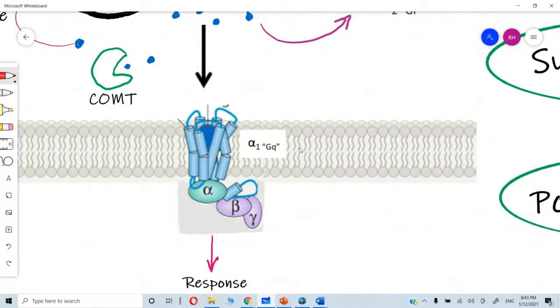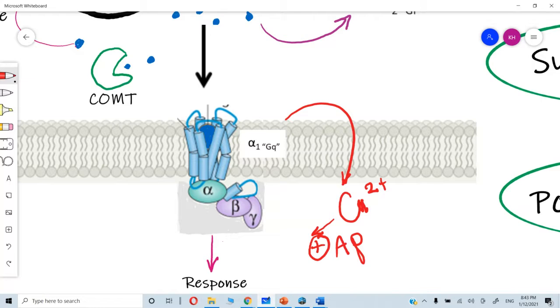Gq protein leads to increased activity of IP3 and DAG, which stand for inositol triphosphate and diacylglycerol. This leads to an increased level of calcium inside the cells, which is responsible for the action potential, and this leads to the physiological or pharmacological response.